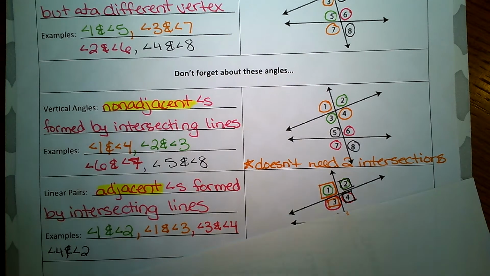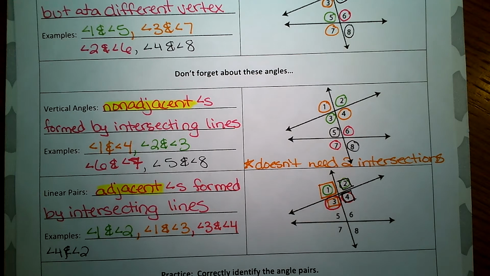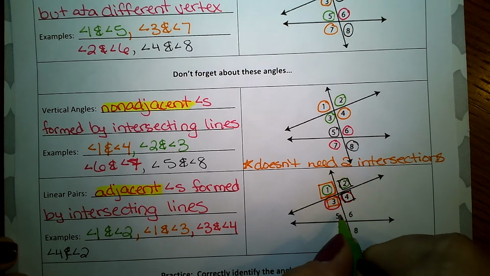Now we haven't even gotten to the second intersection and we already have 4 sets of linear pairs. So if we throw in the second intersection, there are going to be 4 more sets of linear pairs. Okay, so let's try it here. What would be a linear pair with angle 5?